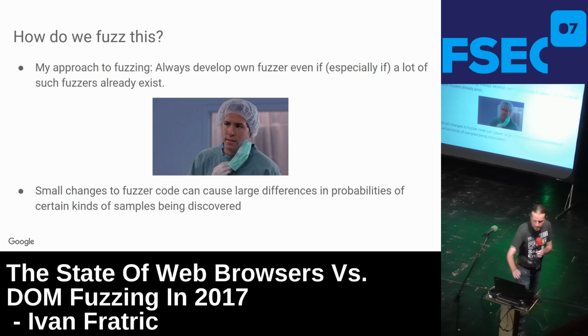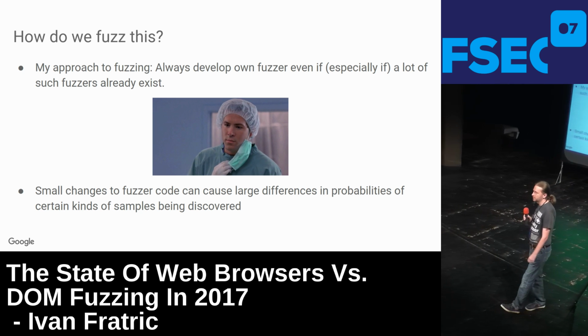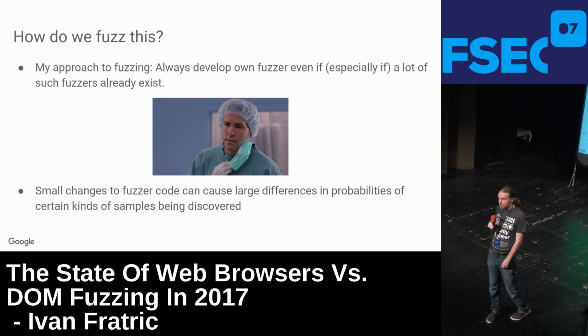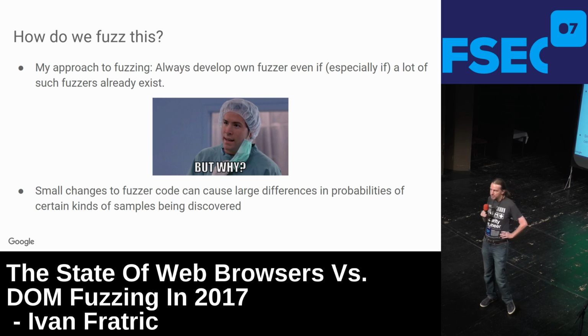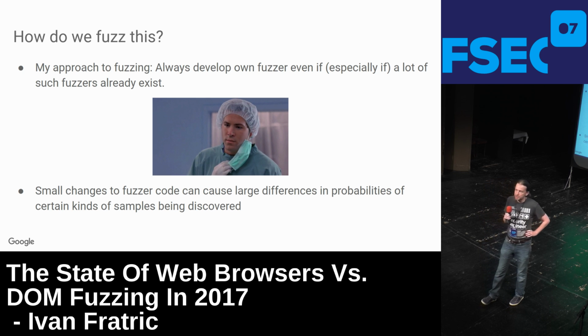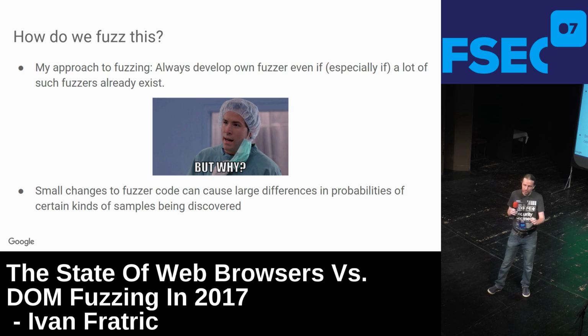So how do we do that? Well, my general approach to fuzzing is to essentially always create my own fuzzer, and that might seem counterintuitive at first, but whenever I create my own fuzzer, I'm going to do something different than what is already out there, and it might be a very small thing.